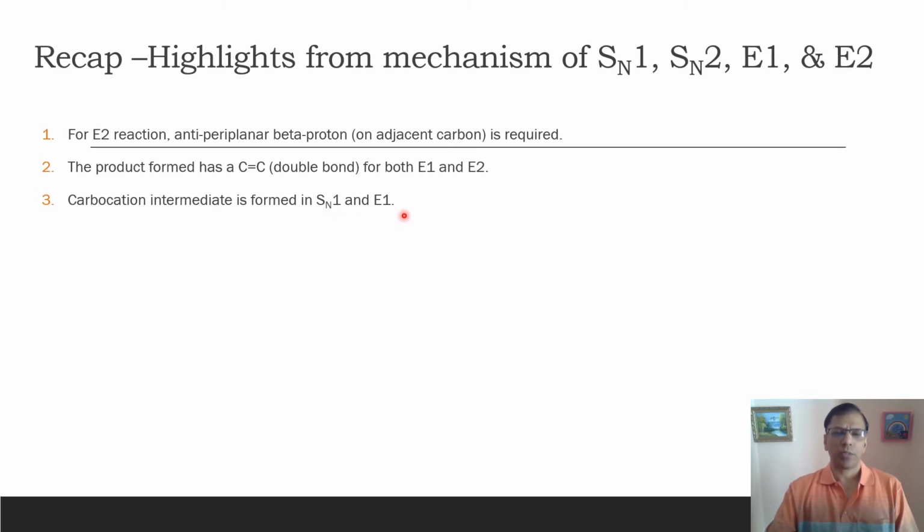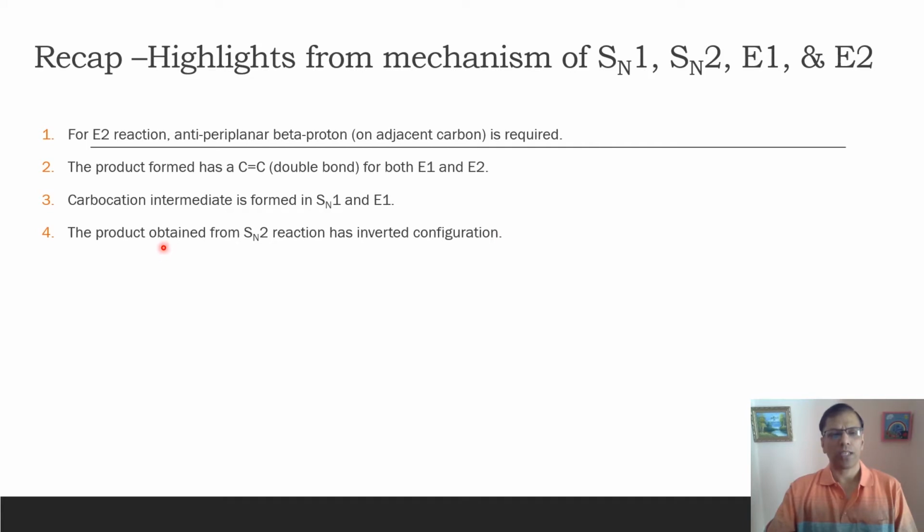The next thing to remember is that both E1 and SN1 mechanisms will result in a carbocation intermediate.